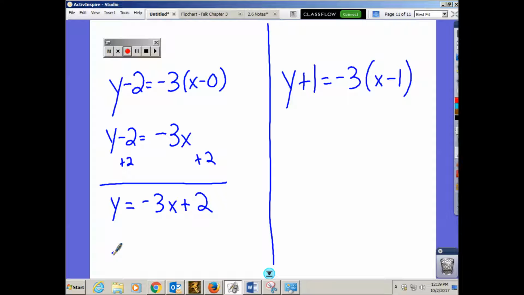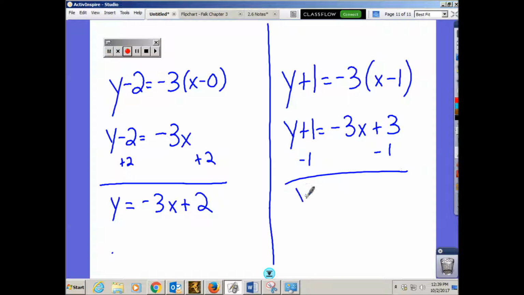Oh, this is good. This is looking like the equation I just got when I graphed it, correct? If I did this all right, this one will look the same also. What's -3 times x? What's -3 times -1? +3. Okay, what do I do next? Subtract 1. This time I have a 3 to subtract it from.